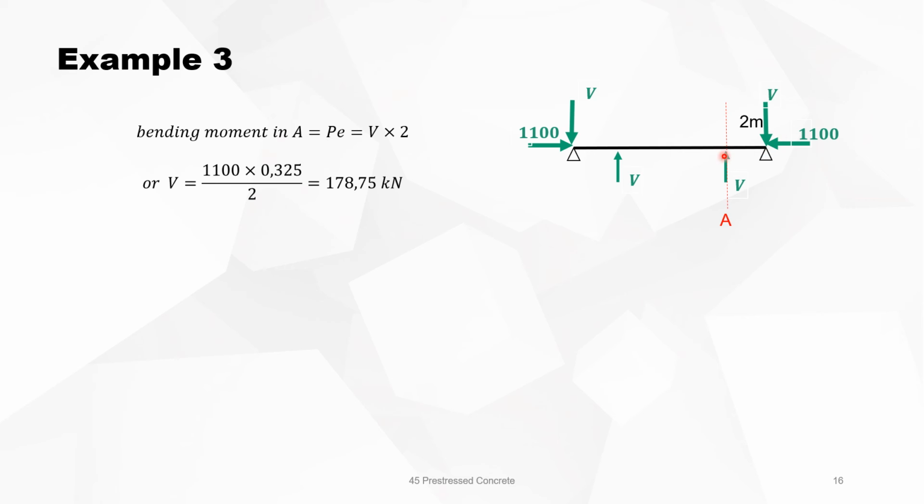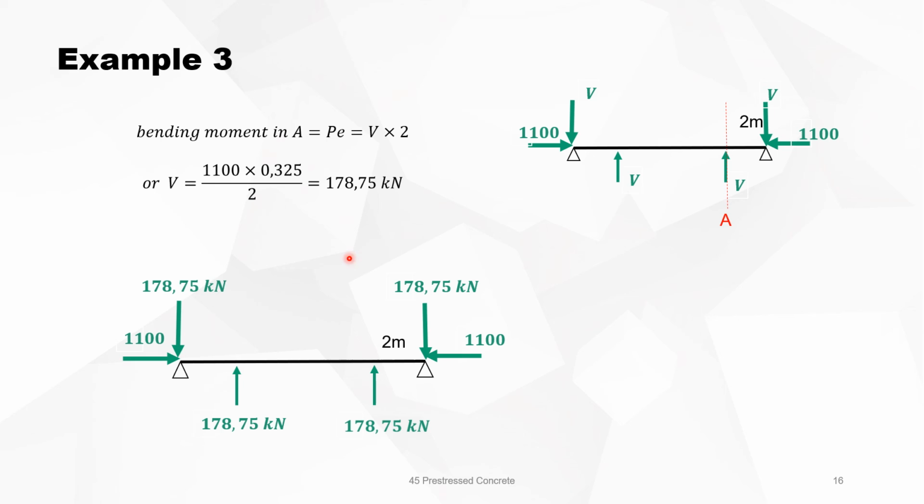So the bending moment in this section equals PE is 2V, and we know the pre-stressing force is 1100, the eccentricity 0.3225, so we know V is 179 kilonewton. And this is now the total equivalent system. And this system mimics the effect of the pre-tensioning.